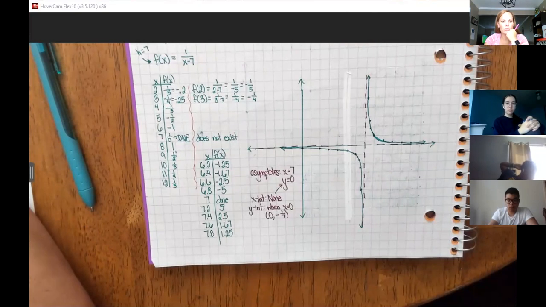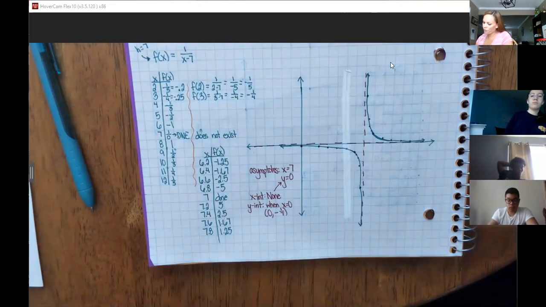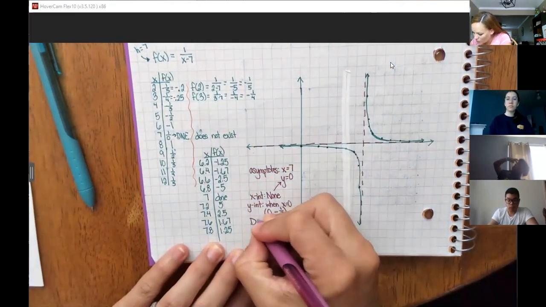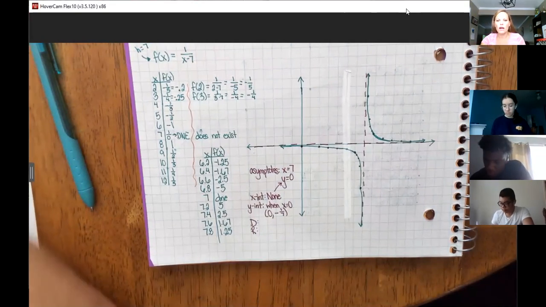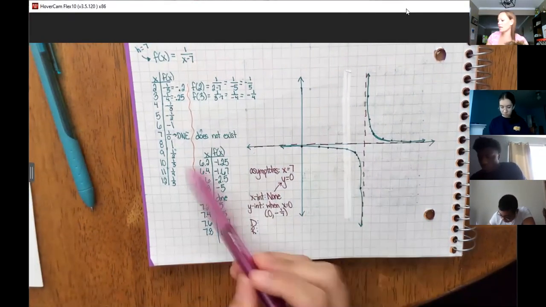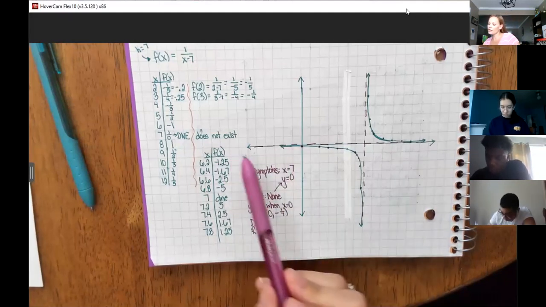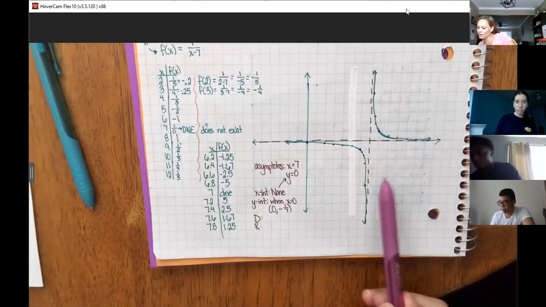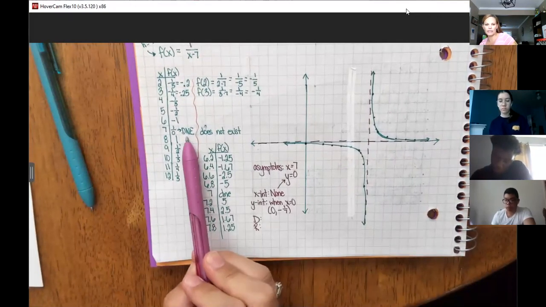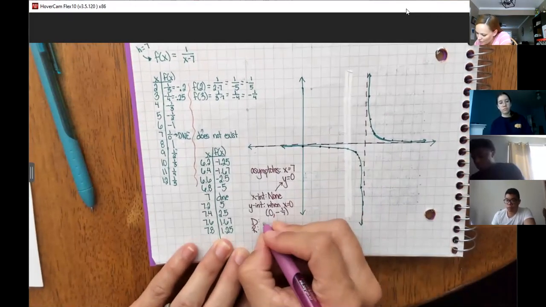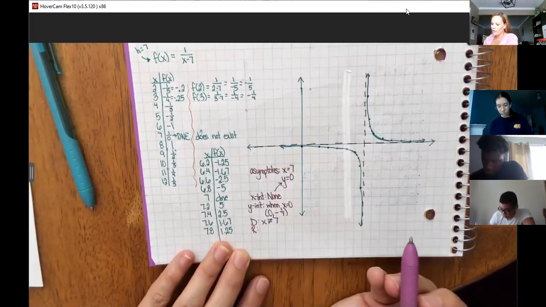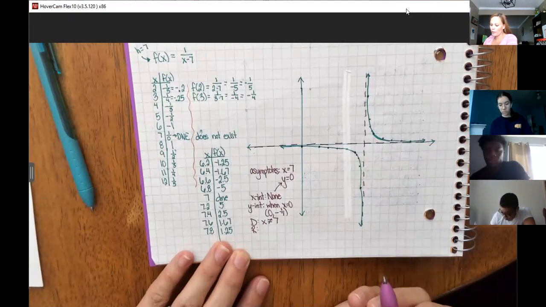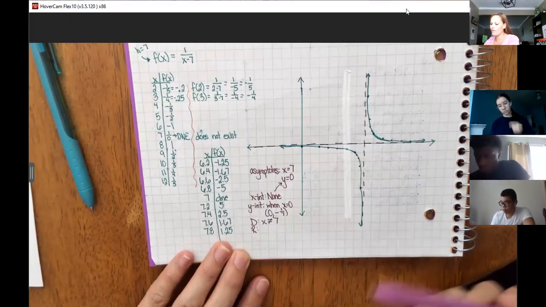Let's see, what else did we describe yesterday? Oh, our domain and our range. Those are going to go a lot with our asymptotes. Our domain is everything x is allowed to be. What are we allowed to plug in for x? We can plug in any number for x except 7, because when we plug in 7, we divide by 0. So our domain is all real numbers except x doesn't equal 7. And then our range is all of the y values, all of the outputs.